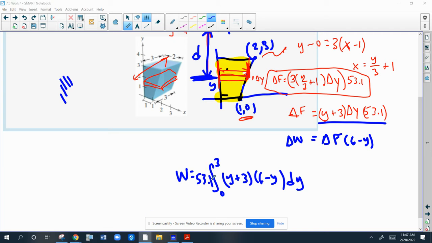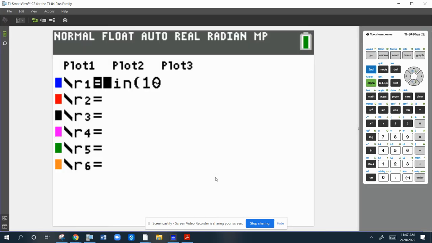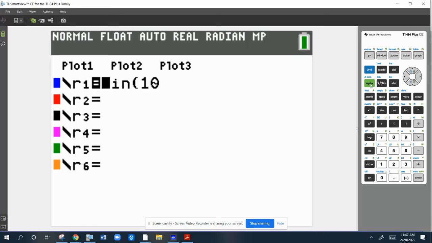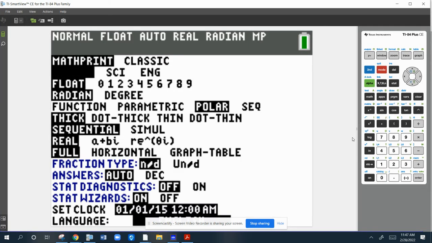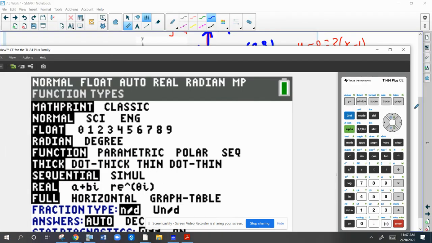So I'm going to calculate this. It's taking a while. I wasn't prepared here. Let me get it in the right function mode here. And now I'm going to type this in.